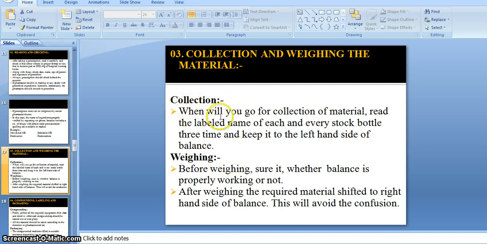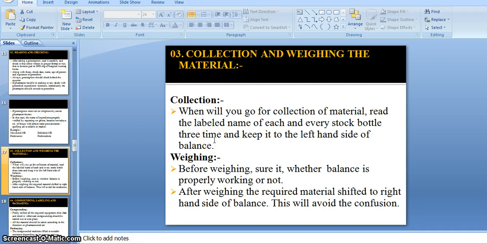In collection, when you go for collection of material, read the labeled name of each and every stock bottle 3 times, and keep it on the left hand side of the balance.